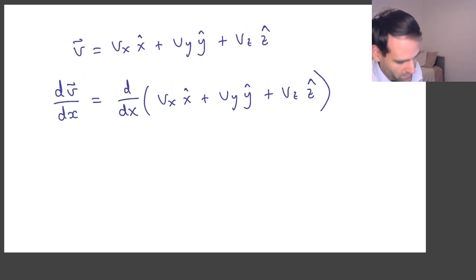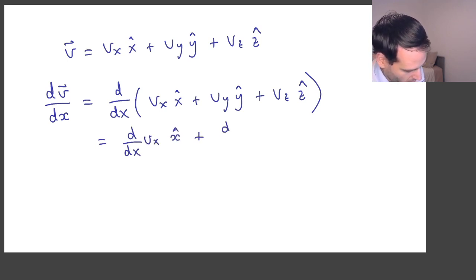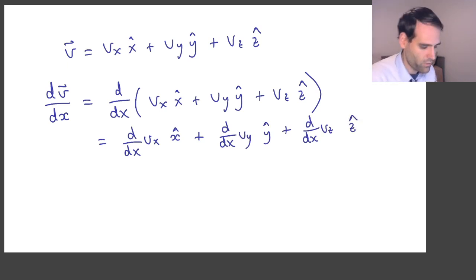Since the derivative is linear, this is equal to d dx of Vx in the direction x hat plus d dx of Vy in the direction y hat plus d dx of Vz in the direction z hat. So that's how you calculate the differential of a vector.